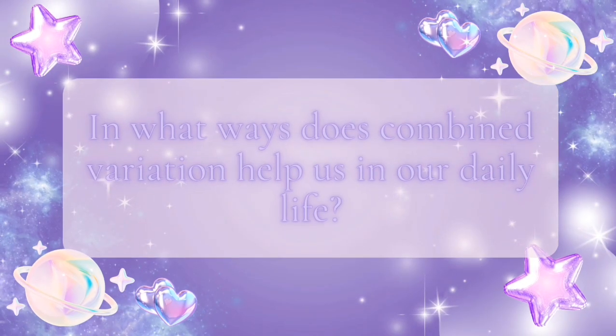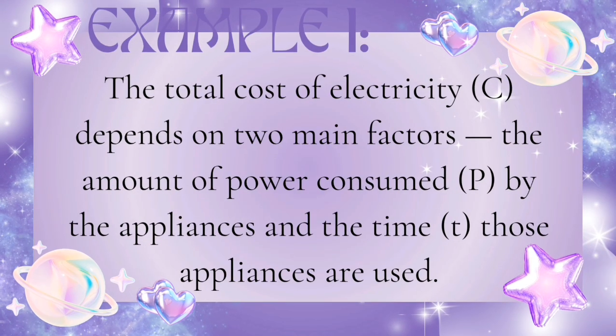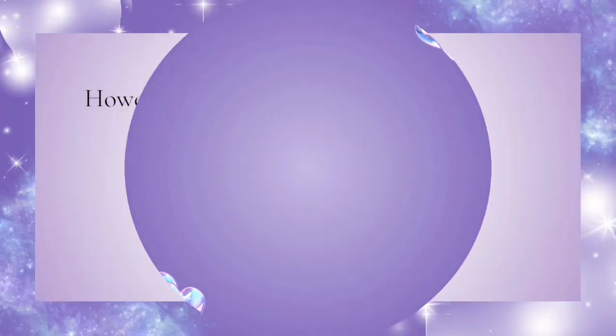In what ways does combined variation help us in our daily life? Now let's start with example number 1, the cost of electricity usage in a household. The total cost of electricity depends on two main factors: the amount of power consumed by the appliances and the time those appliances are used.